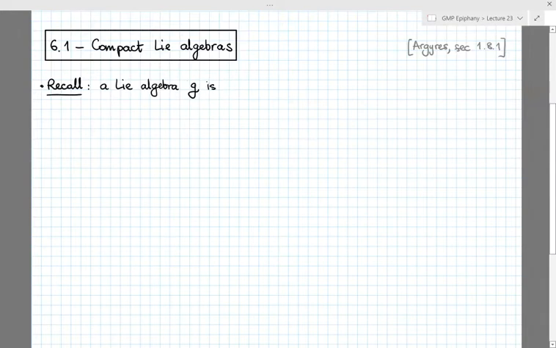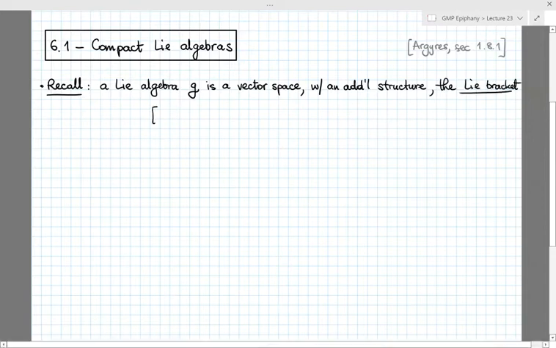A Lie algebra is a vector space, and we'll use finite dimensional vector spaces throughout, with an additional structure, the so-called Lie bracket, an antisymmetric form, which takes two elements of the Lie algebra and maps it to another element of the Lie algebra.